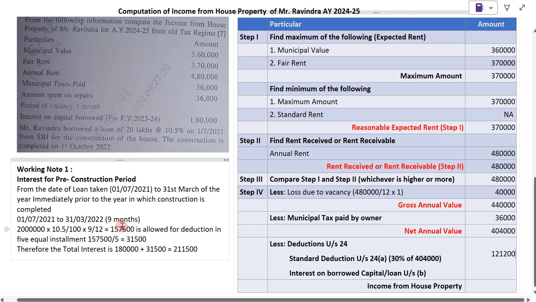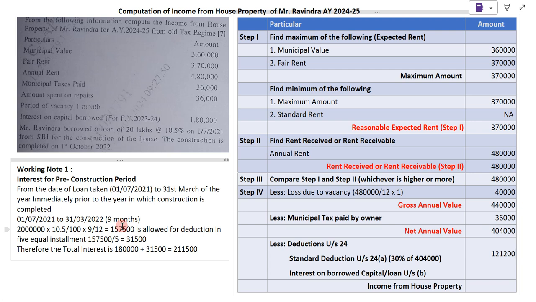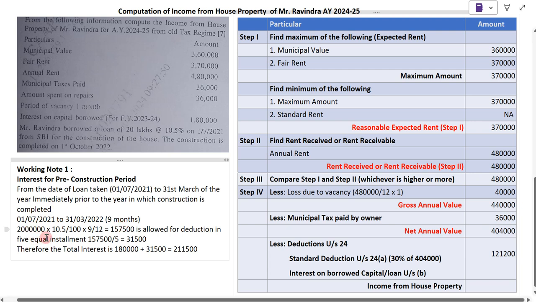For 9 months, what is the interest he has paid on 20 lakhs to SBI Bank? So 20 lakhs multiplied by 10.5 divided by 100 multiplied by 9 divided by 12. So the total interest he has paid is 1,57,500.